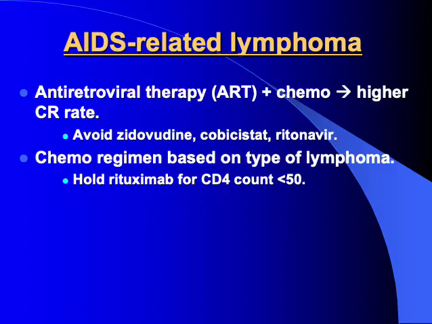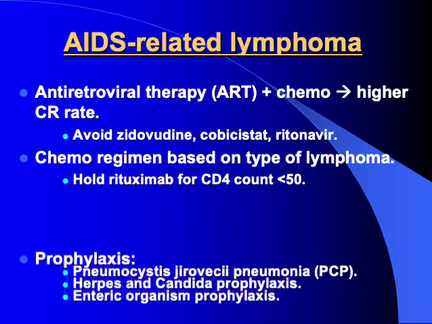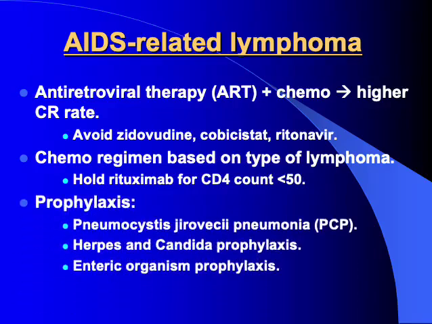Remember to hold rituximab for CD4 count less than 50. Patients with very low CD4 count, we avoid giving them rituximab, anti-CD20. Remember to give those patients prophylactic antibiotics for PCP, herpes, candida prophylaxis, and enteric organism prophylaxis.